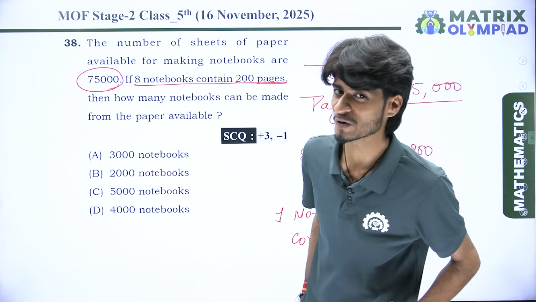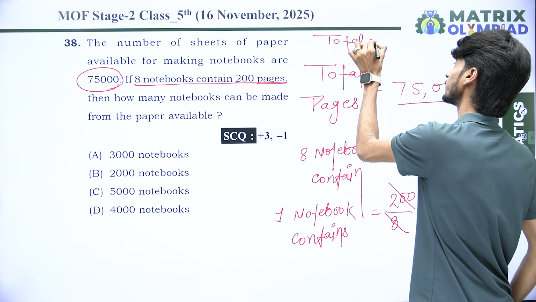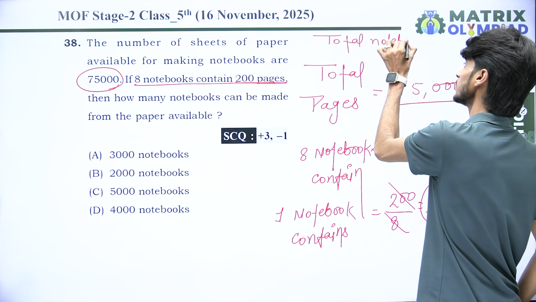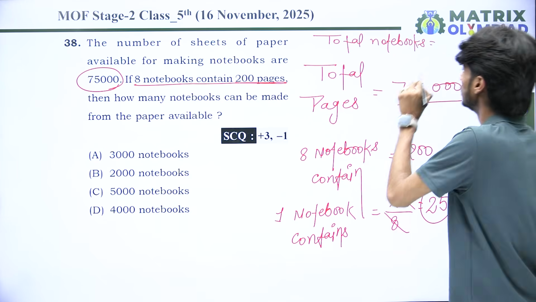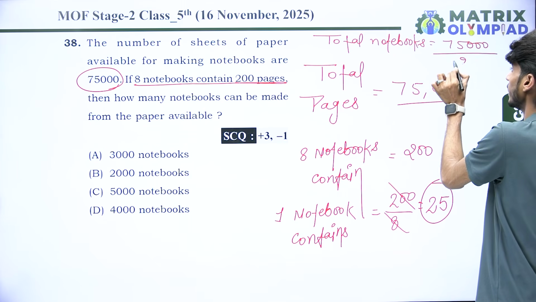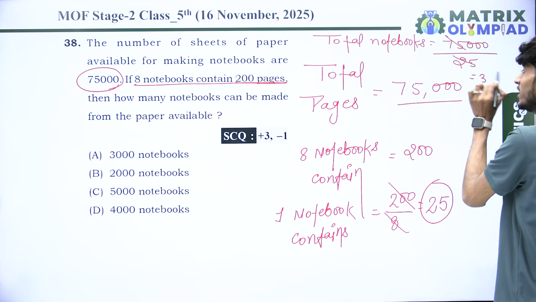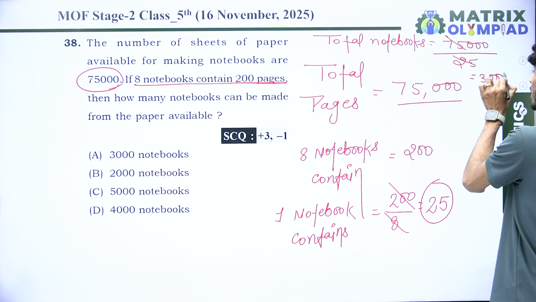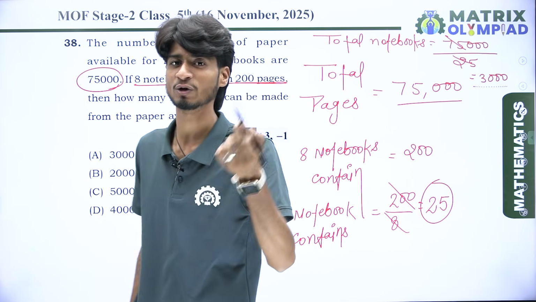The total number of pages is 75,000. Then the total number of possible notebooks from 75,000 pages is equal to 75,000 divided by 25. 25 threes are 75, and we have 0 remaining, so we get 3,000 notebooks.